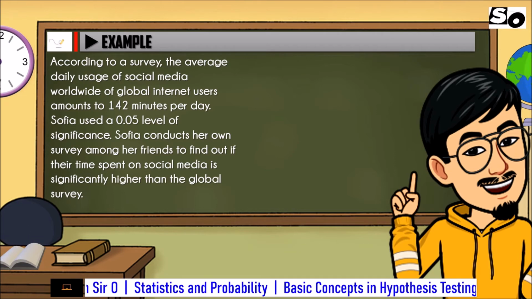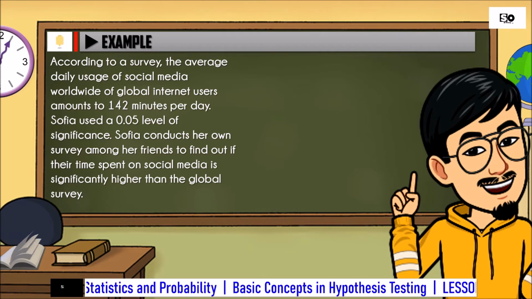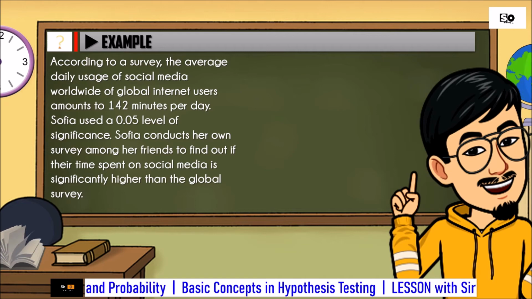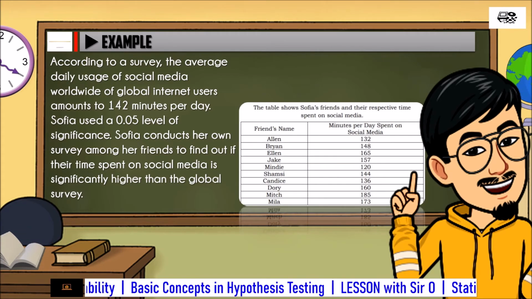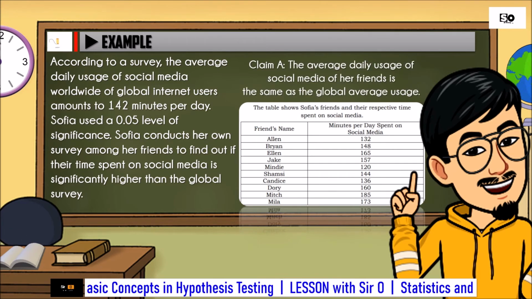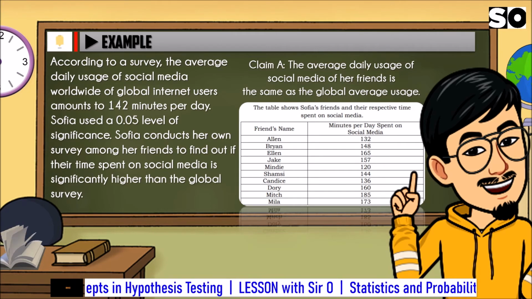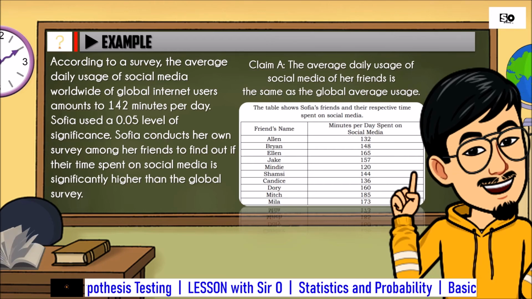Sophia conducts her own survey among her friends to find out if their time spent on social media is significantly higher than the global survey. This is the table of Sophia's friends and their respective time spent on social media. Claim: the average daily usage of social media of her friends is the same as the global average usage.